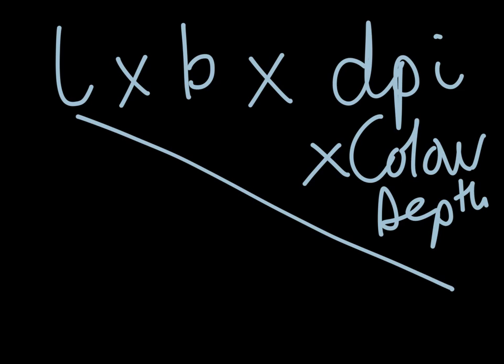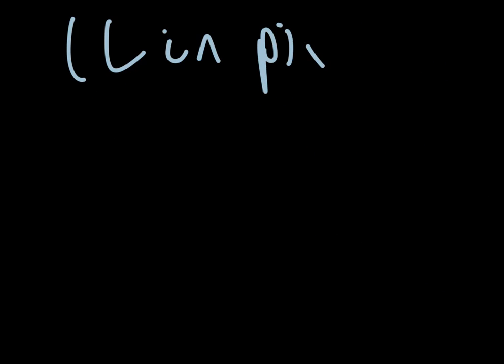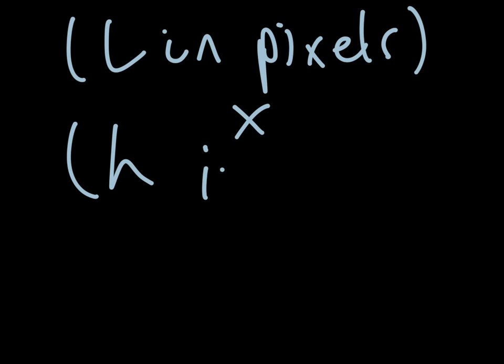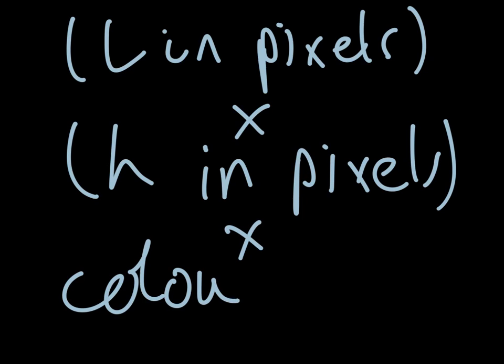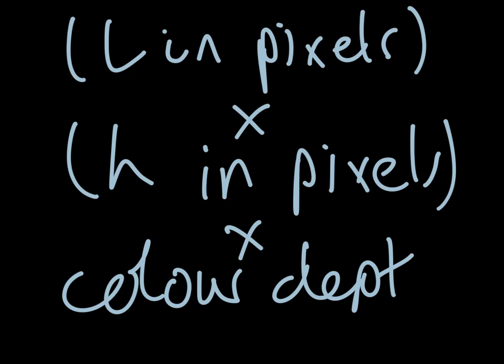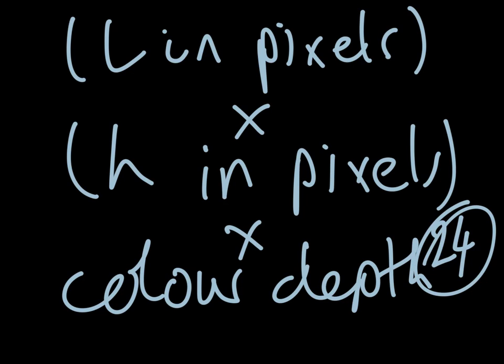Or we might be given the length in pixels already, so a better explanation for it would be the length in pixels multiplied by the height in pixels multiplied by the colour depth. Now hopefully you remember that the highest colour depth we're going to deal with is 24 for true colour.